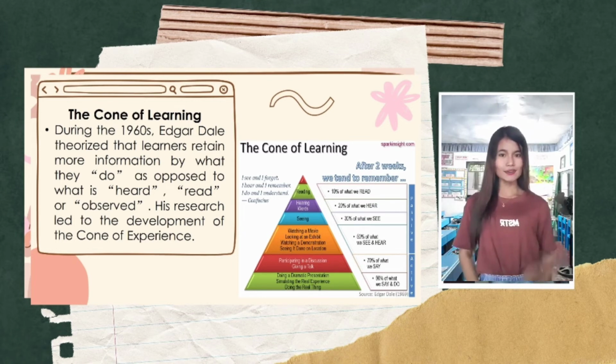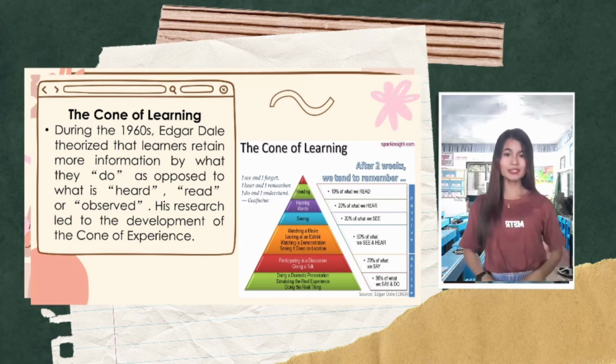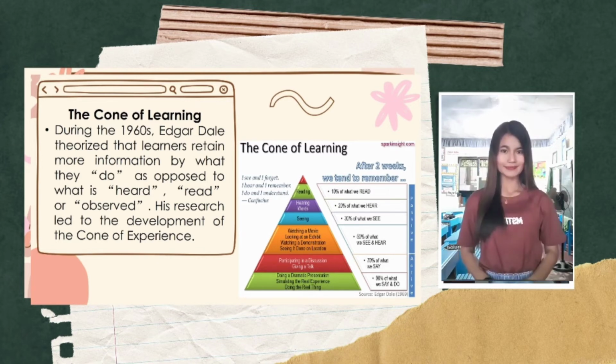In this cone model, we observe that learners retain more information by what they do than what they hear. This cone model shows that it is better to demonstrate than just hearing all the information imparted by the teachers.